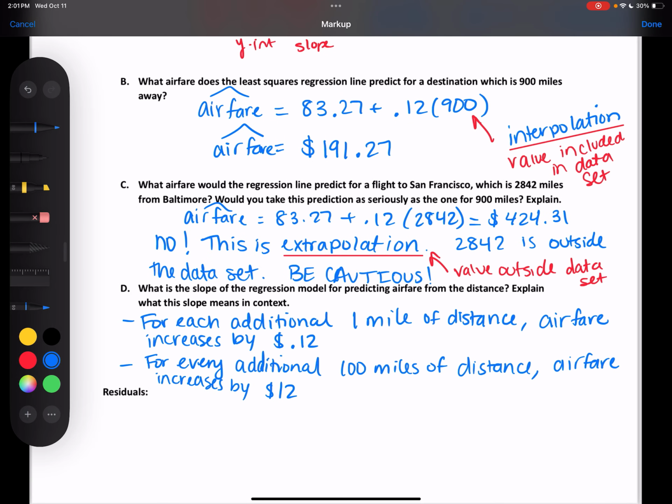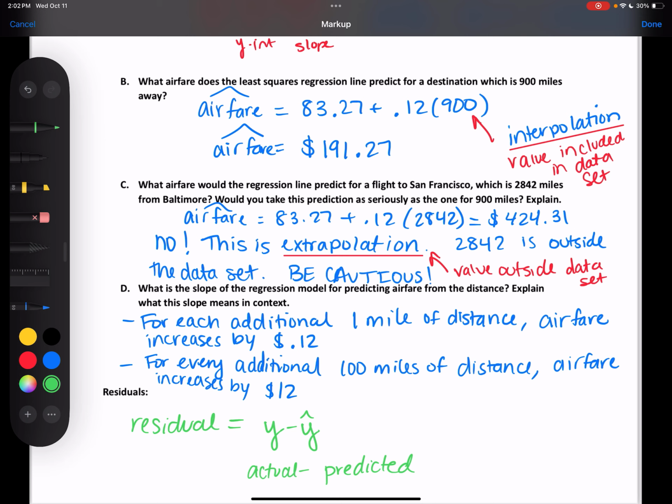All right, so residuals. Basically, this is just a formula just to remind you. So a residual is equal to y minus y hat, which is the actual minus the predicted. So that's a formula you definitely need to know when quiz, test, whatever comes around.